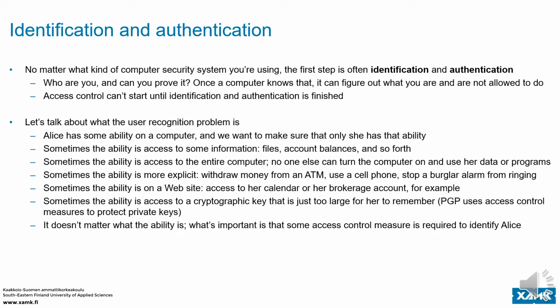Sometimes the ability is on a website, access to a calendar or her brokerage account, among the millions of things you can do on the web. Sometimes the ability is access to a cryptographic key that is just too large for her to remember. Some systems use access control measures to protect private keys. It doesn't matter what the ability is, what's important is that some access control measure is required to identify Alice.